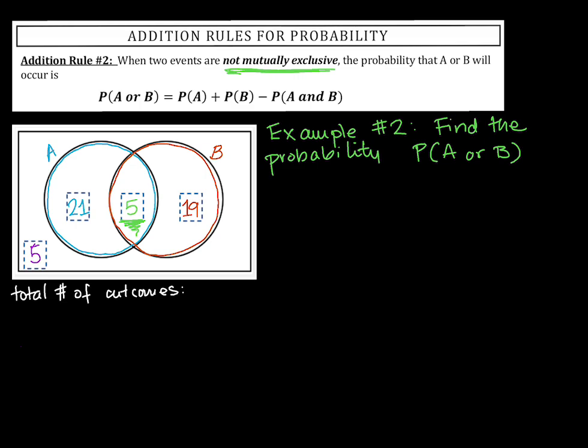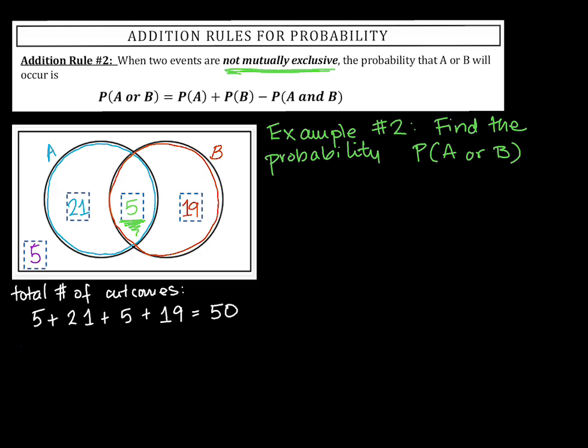All right, so I guess I wanted it to be a nice even number. So 5 plus 21 plus 5 plus 19. Even though the 5 in the middle is in both, we only count it once because each element is its own thing. It counts in A and it counts in B, but each thing only exists once. So the total number of outcomes in this universe is 50.